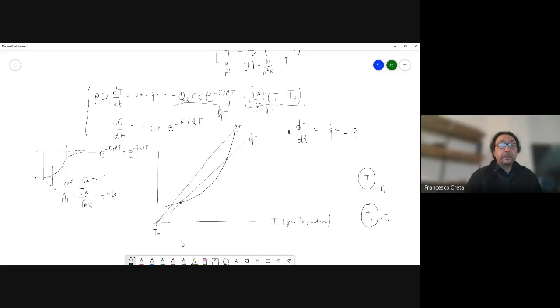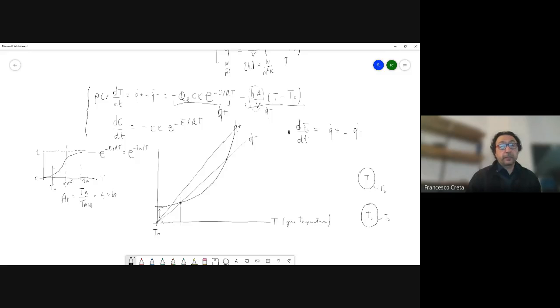As you can see here, if we look at Q plus and Q minus, well, Q minus is 0, but Q plus clearly is non-zero. So there is going to be a certain chemical heat added through the exothermic reaction. And so dT by dt will increase. So we're going to essentially move to the right, here, until we reach this point here, right?